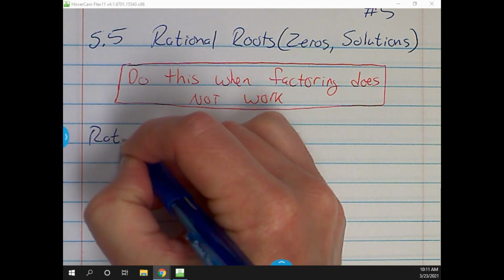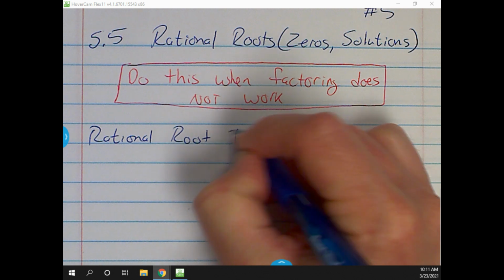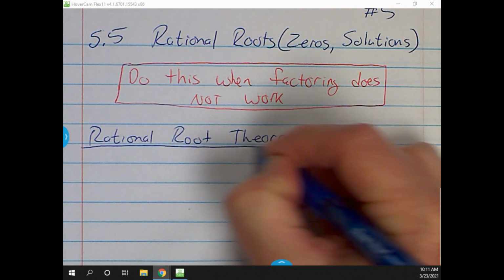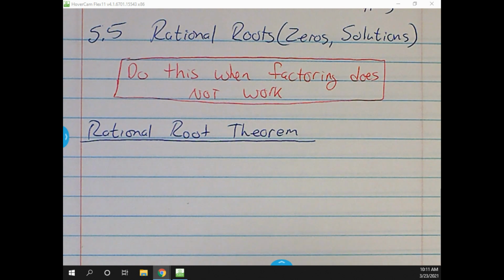So the very first thing that they're going to talk about is the rational root theorem. And that's really, I guess, the big focus for this section, the main thing that we're talking about in this part of it.